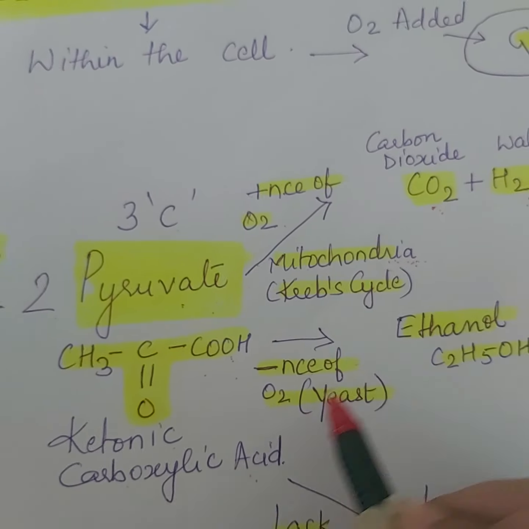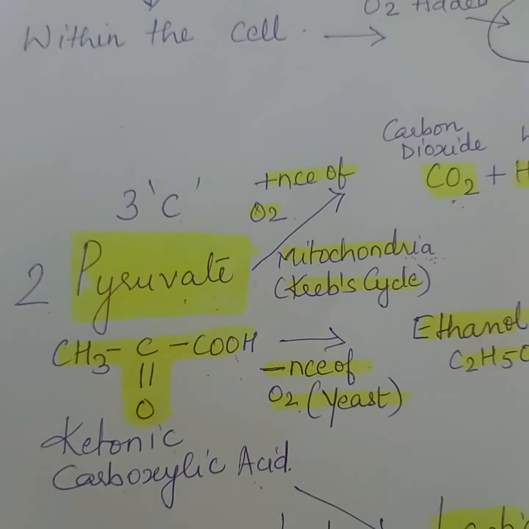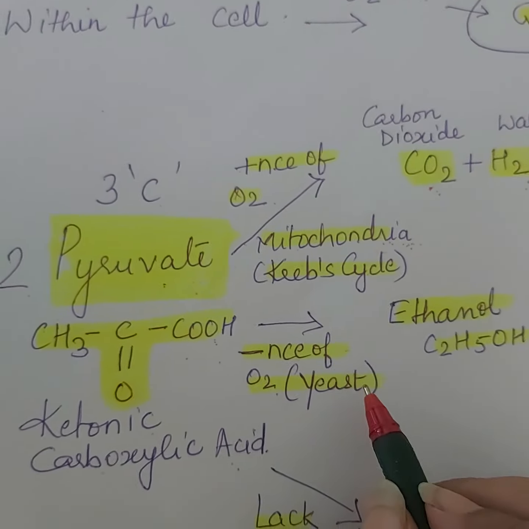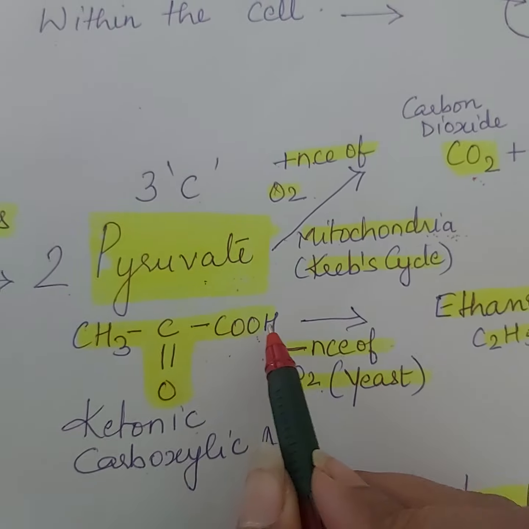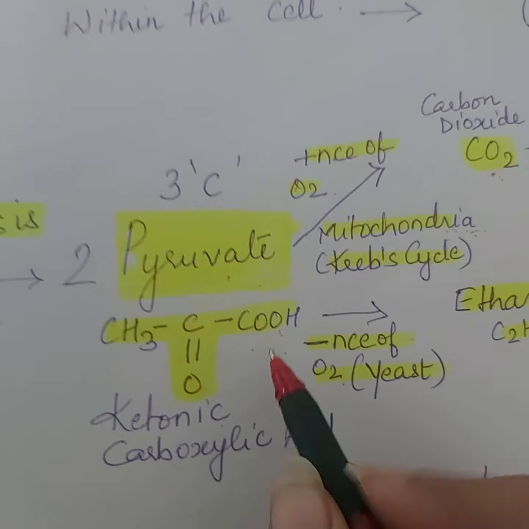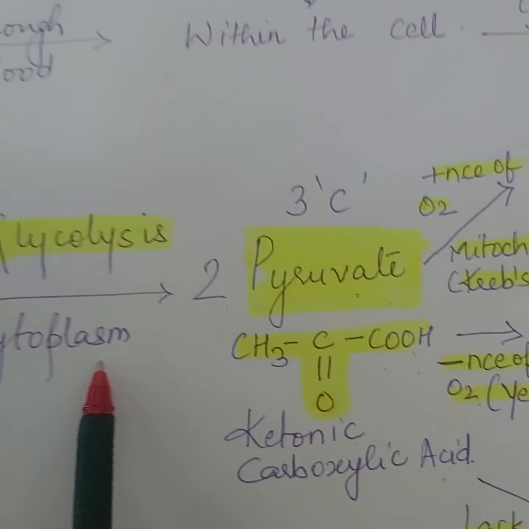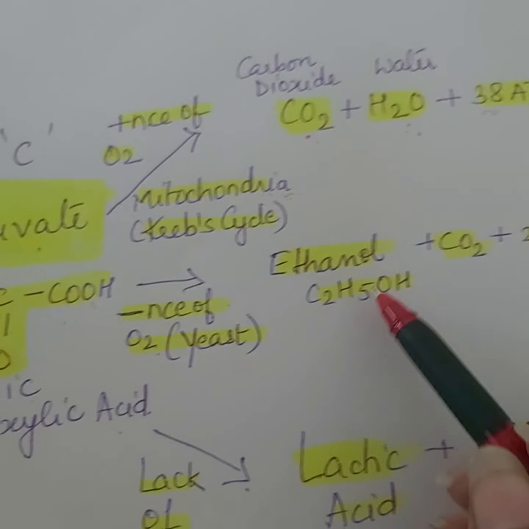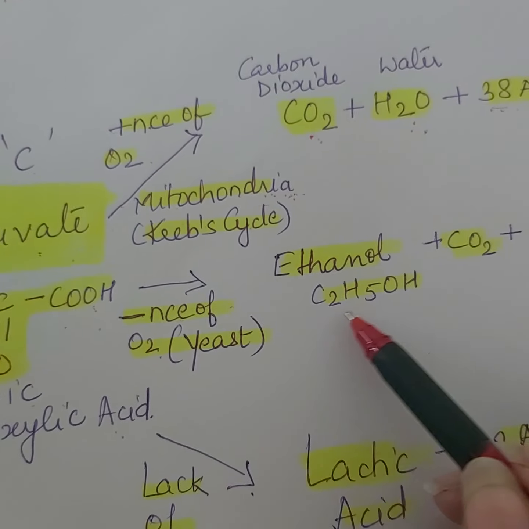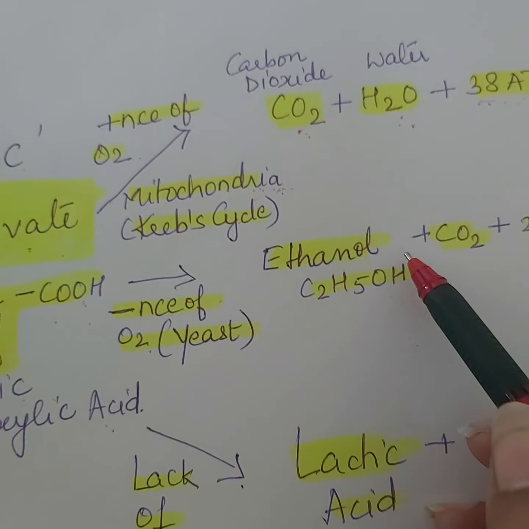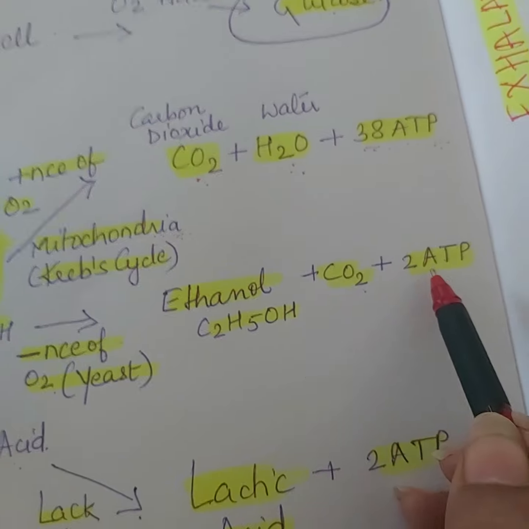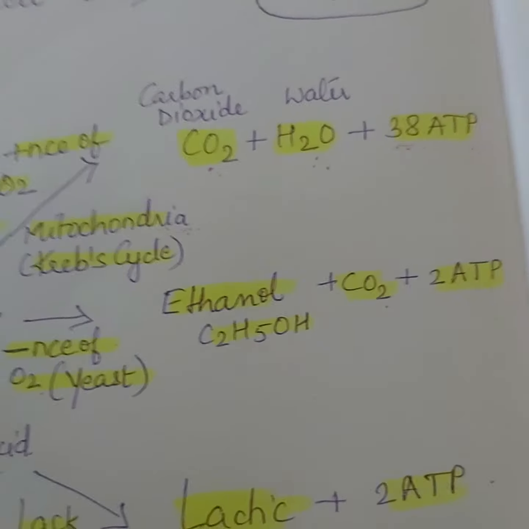In absence of oxygen in anaerobic organisms like yeast and certain anaerobic bacteria, this 3-carbon compound pyruvic acid that was obtained as a result of glycolysis will be further converted or incompletely broken down to ethyl alcohol or ethanol, CO2, and very less amount of energy will be produced.